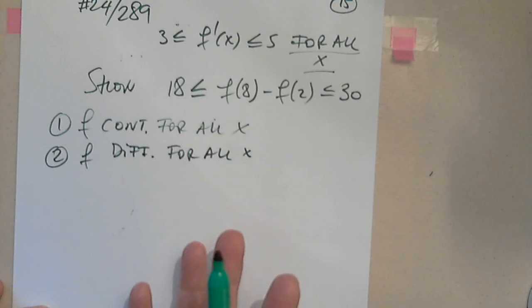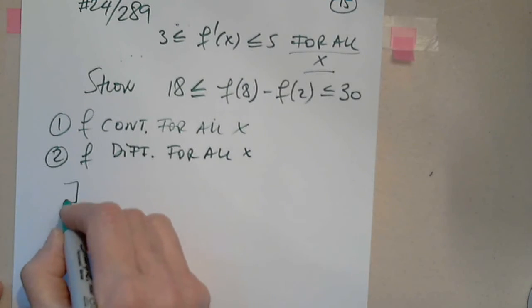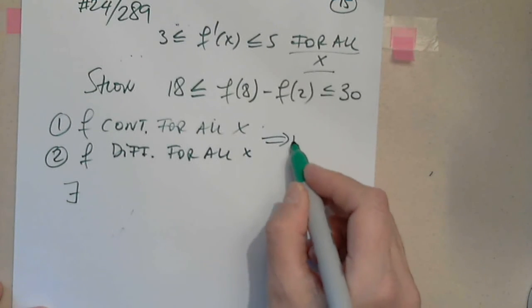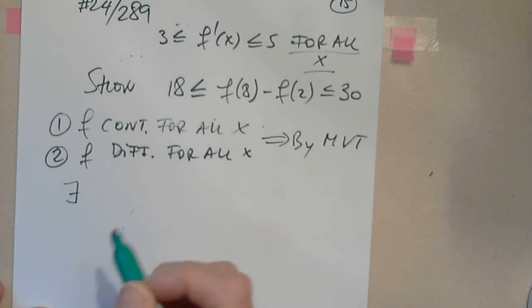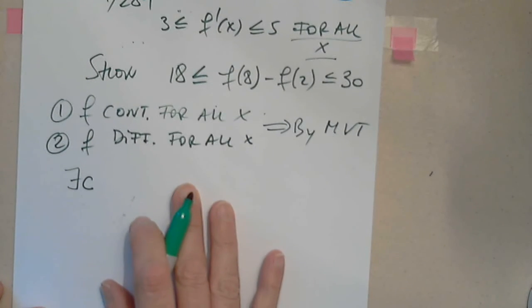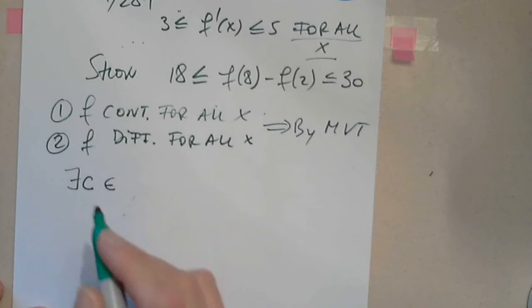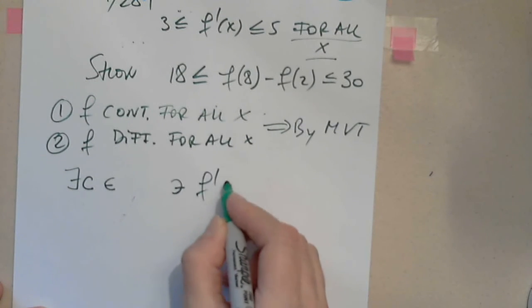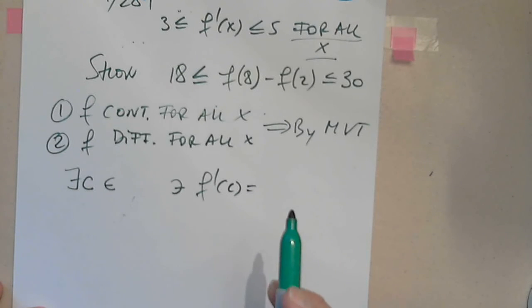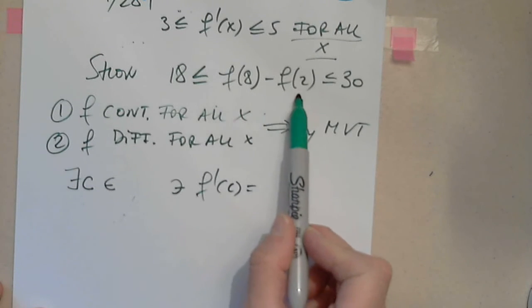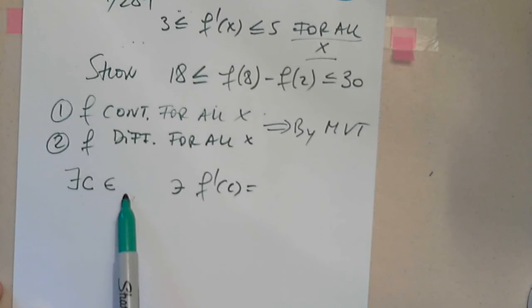Because this happens, then I will have to say there exists, by MVT, at least a C in some interval, and we'll decide in a moment, such that f prime of C equals, and now I know what I want to use, and I know what interval I want to use.